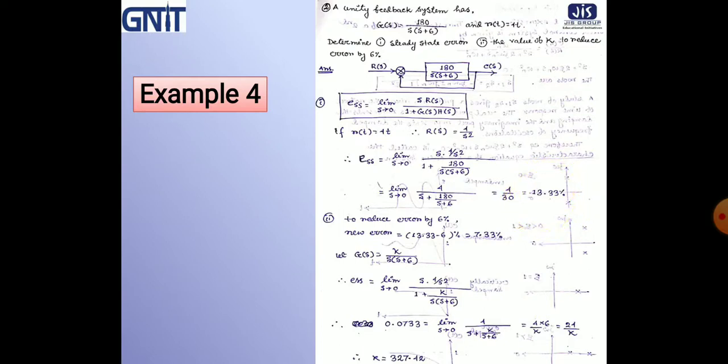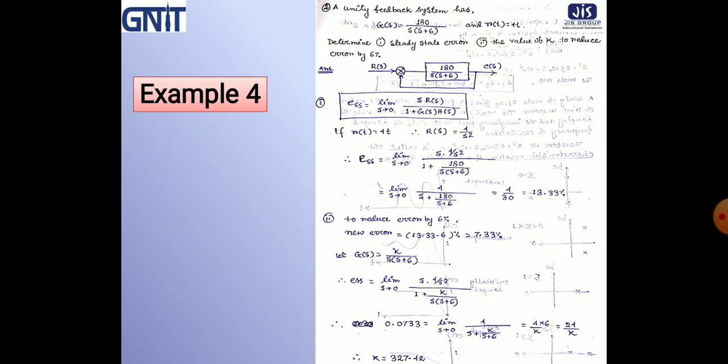Now the next problem is the value of K to reduce the error by 6%. If we reduce the error by 6%, the new error will be 13.33 minus 6, that is 7.33%.